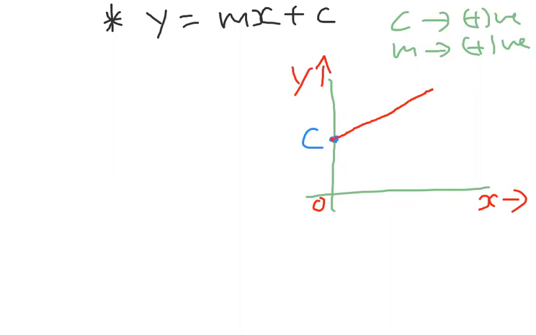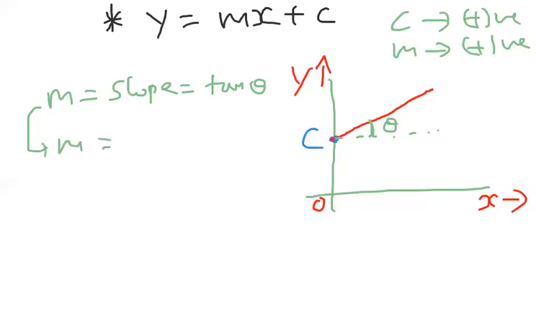Again, slope means we can draw one line like this, and this angle is theta. So here again the same thing: slope is equal to tan theta. This m value equal to tan theta means, for any straight line graph, delta y by delta x.